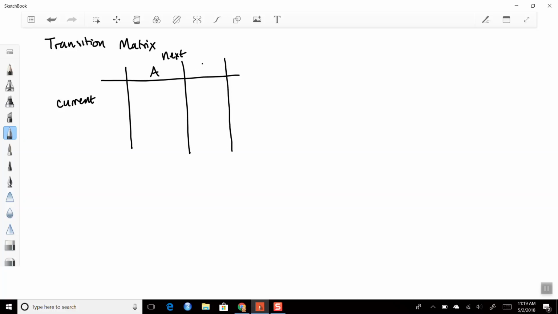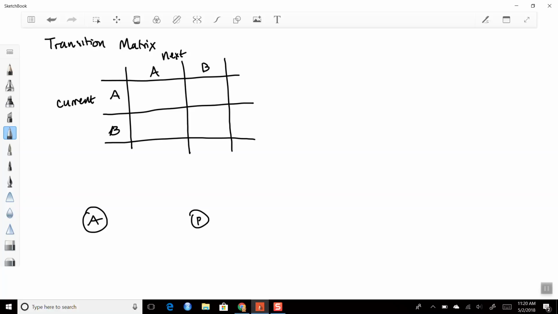So if you are at A, the next place you can end up is A, and here's A and here's B. If you're at A, you can end up back at A, and maybe that happens with probability 0.7, which means we will end up at B with probability 0.3. So I will write 0.7 and 0.3.